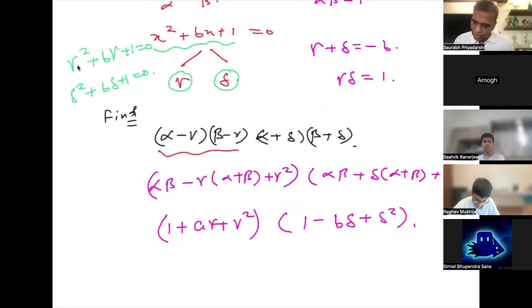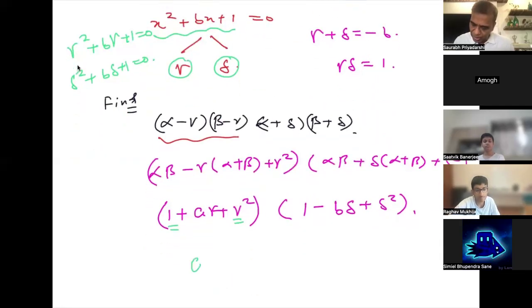So gamma square plus 1 is nothing but minus b gamma, and delta square plus 1 is nothing but minus b delta.